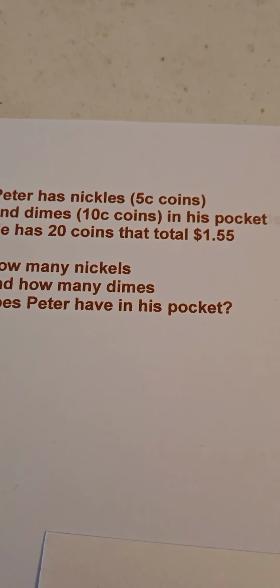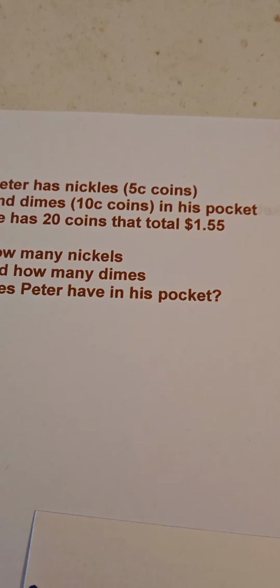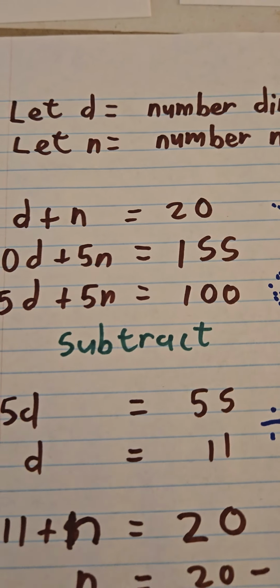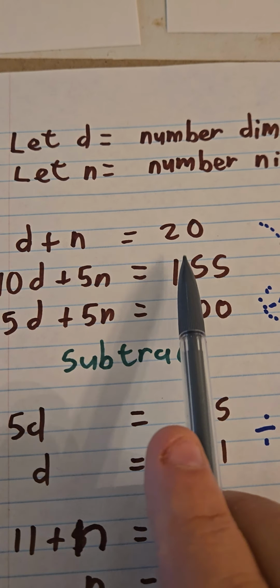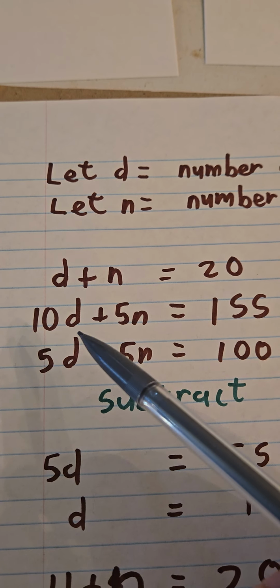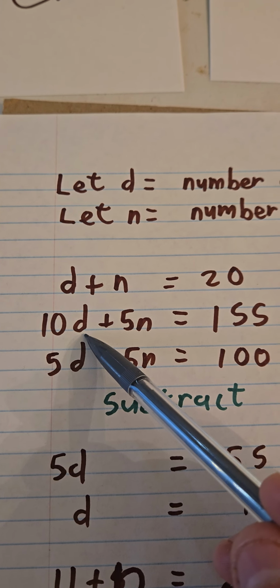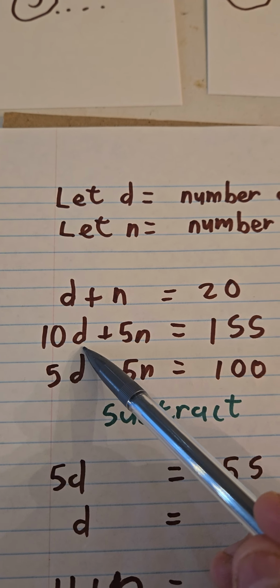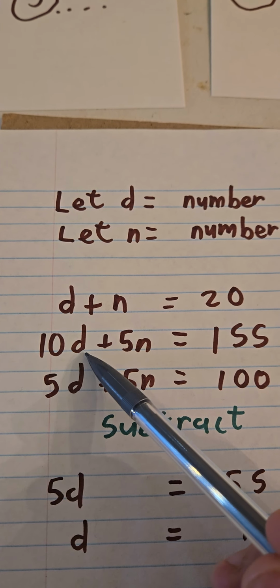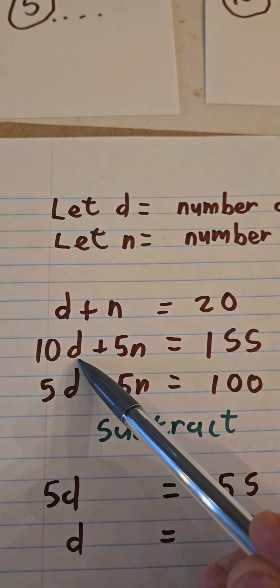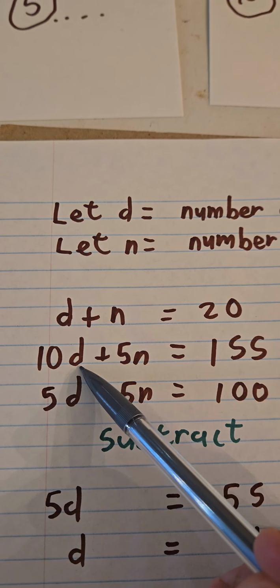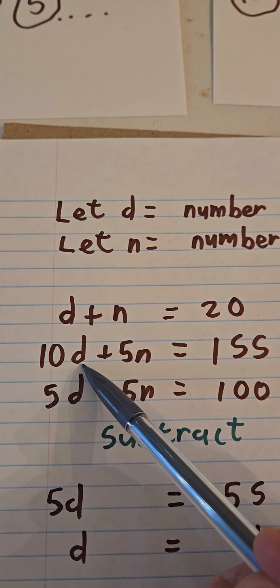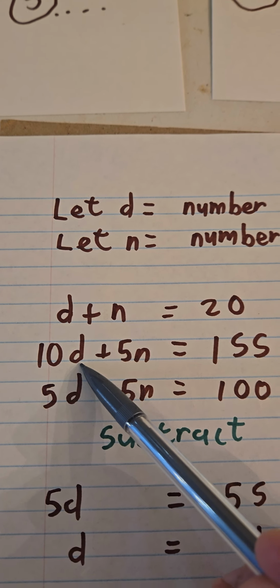Then they total $1.55. Now we're no longer talking about how many coins, but the value. Dimes are worth 10 cents each. I'm just making up numbers now, not saying this is the answer. If we had 7 dimes, the total would be 7 times 10. If we had 4 dimes, it would be 4 times 10.